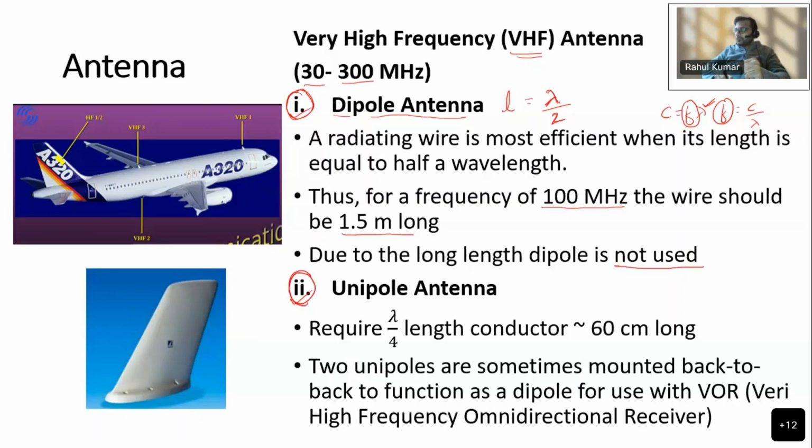In the case of unipole antenna, the length should be lambda by 4, or quarter of the wavelength. Again, if we are transmitting a 100 megahertz signal, the length of unipole antenna will be around 60 centimeters long. So 60 centimeters is okay, it's not very long.